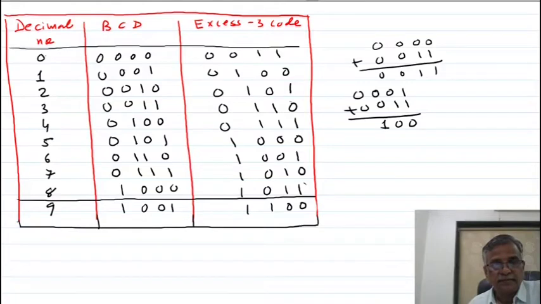In BCD, the 9's complement can be obtained by subtracting each decimal digit from 9, or the 9's complement can be obtained by adding 1010 to the 1's complement of the BCD form. Listen, I am writing this sentence.